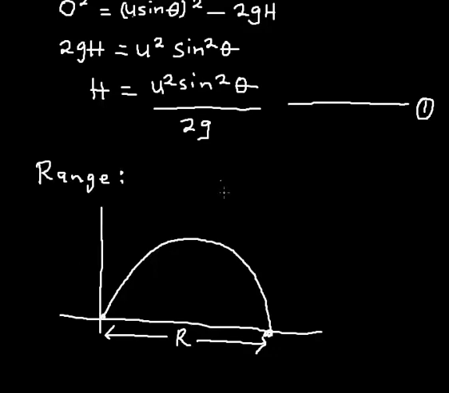Now I've given you this formula, and of course I don't want to prove why it is so. Range is equal to the initial velocity multiplied by time. So in a case like this, I'm looking at horizontal distance, so the u I'm going to consider is u cos theta.